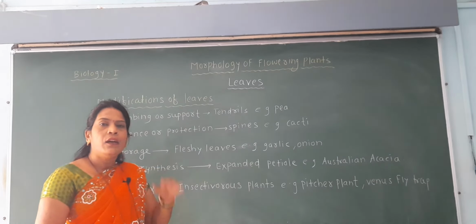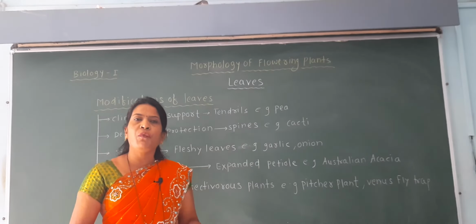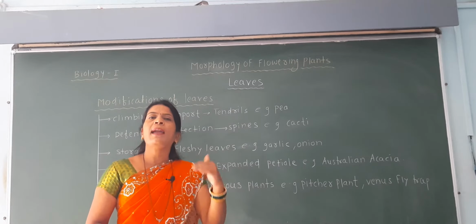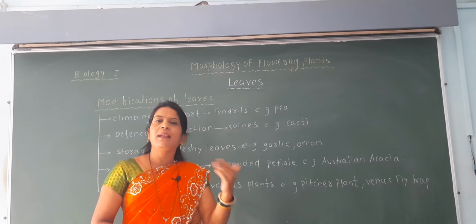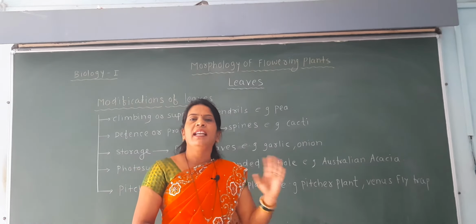So here one more thing you have to remember, that in the pea plant these leaves are modified into tendril, which is a thin wire-like structure. But why in the pea plant do these leaves get modified into tendril? Because there is a need of that tendril in the pea plant.